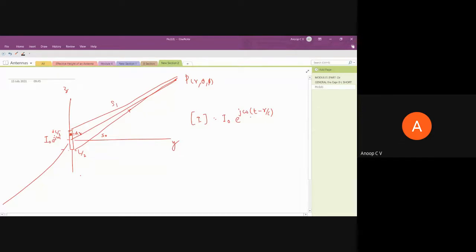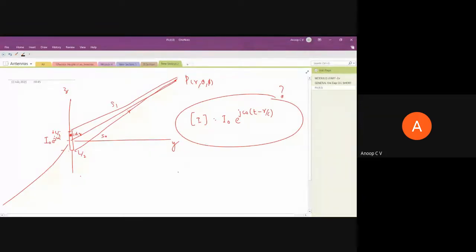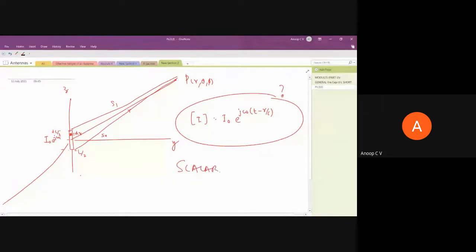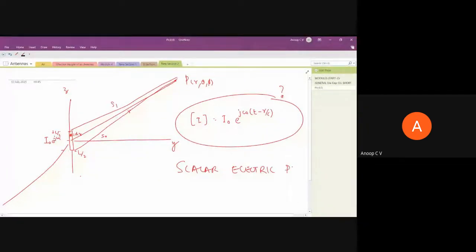So from this, how can I find out the electric field, and how can I find out the magnetic field? That is the question. For that, we'll make use of the concept of scalar electric potential and vector magnetic potential.